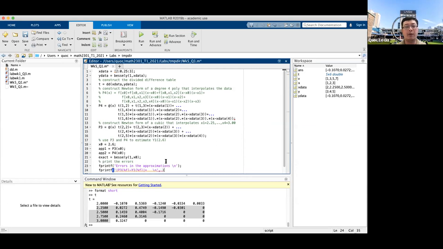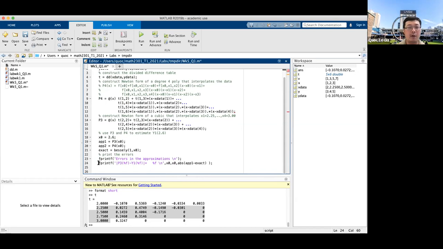So the value I want to print out is X0, and then the errors, another floating point number. I put the absolute value of approximation 1 minus exact, and I do the same for the second one.